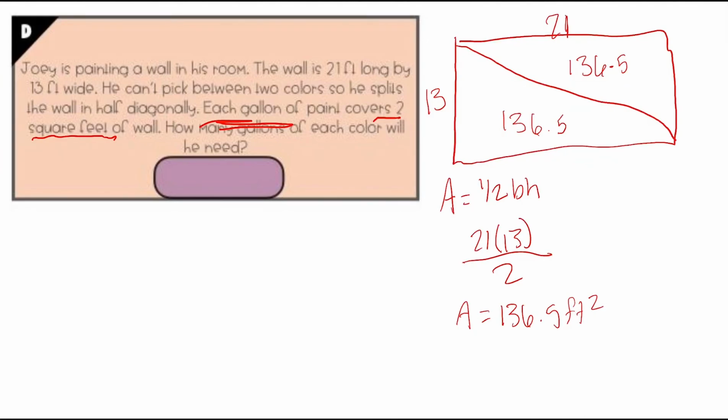That is going to give me 68.25. Because I know I don't get a 1/4 of a gallon, I have to buy a whole gallon. That tells me I'm going to need 69 gallons of each color.